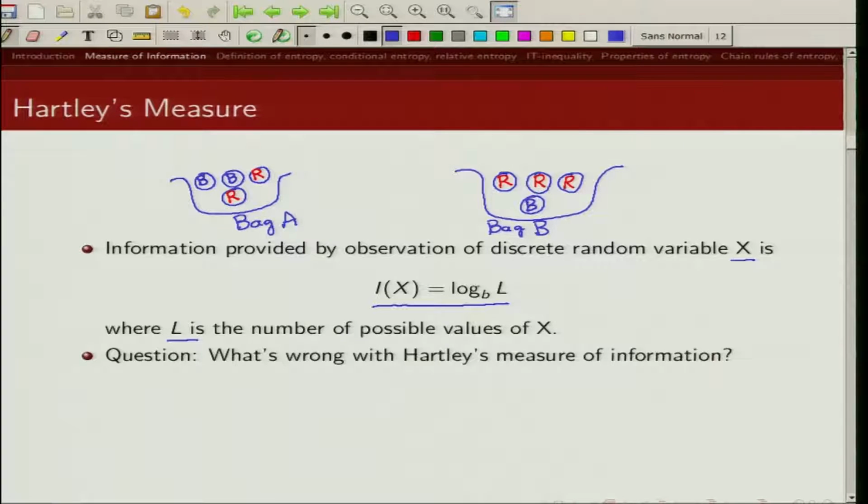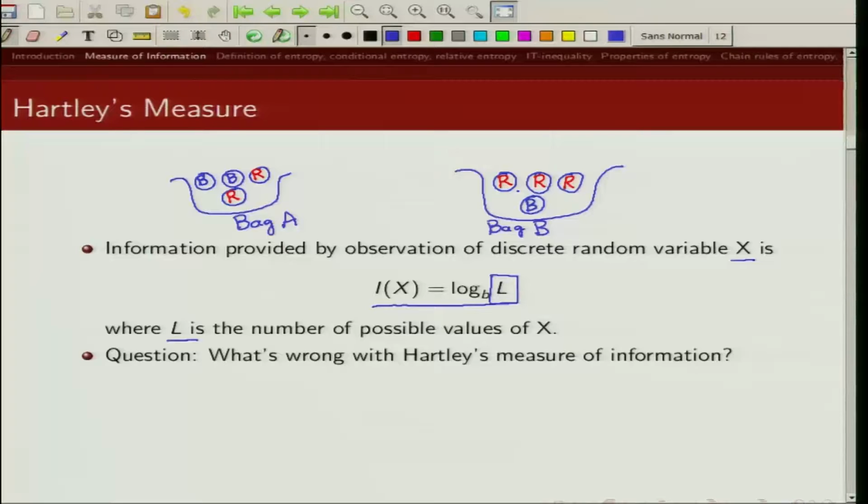So clearly the event of picking a ball from bag A has more information, because it's difficult to predict the color of the ball, because blue balls and red balls are equally likely, whereas in bag B, red balls are more likely. So this feature of information was not captured by Hartley's measure of information.